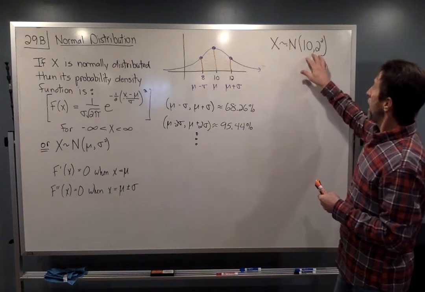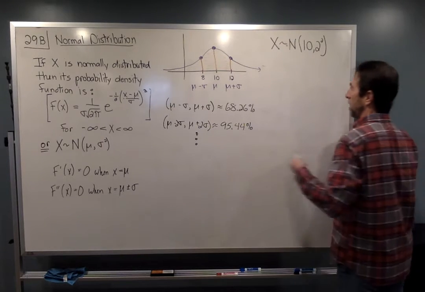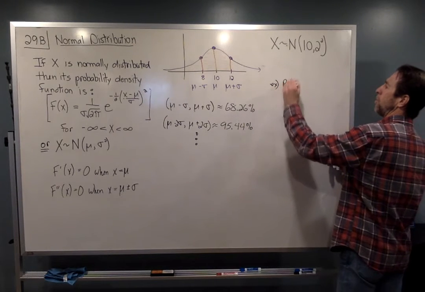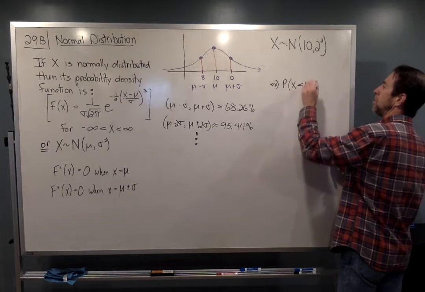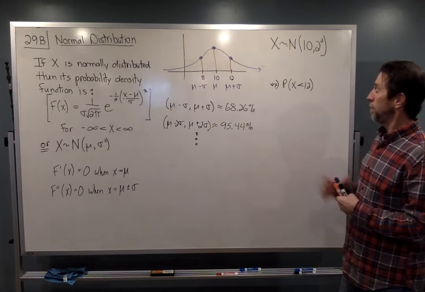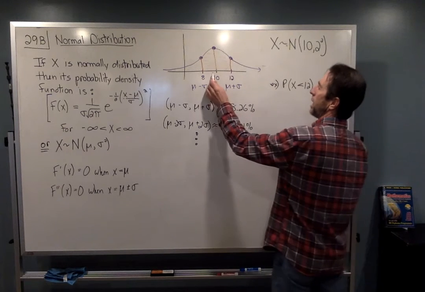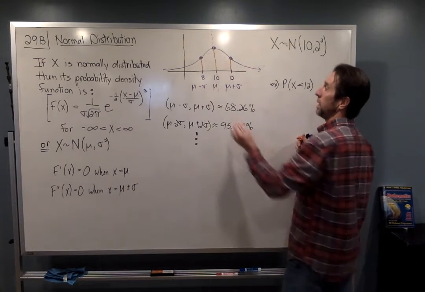Now, if we go back to this example, I would ask you a few questions. For example, let's just say, what would the probability of that random variable being less than 12 be? Well, of course, I could just maybe use my calculator, which I'll get to in a minute, or I could realize that everything is symmetric with the mean.